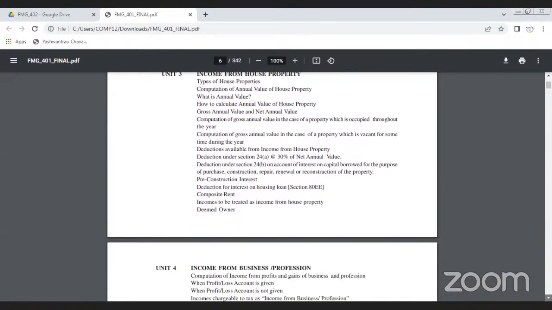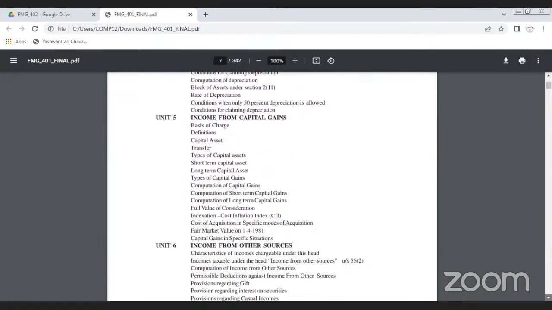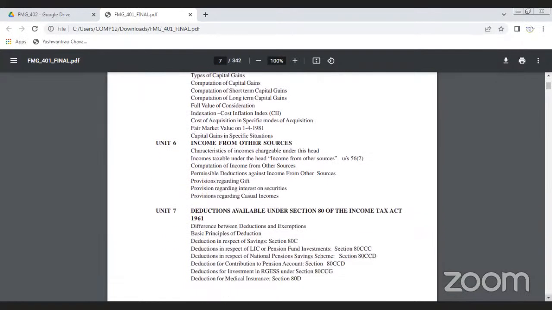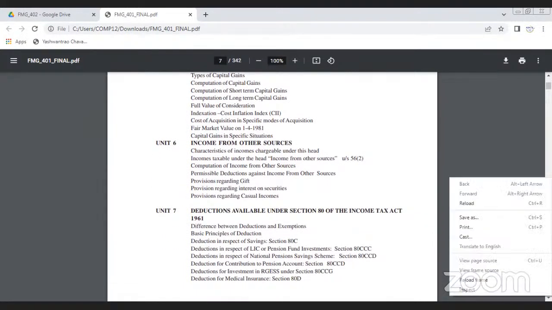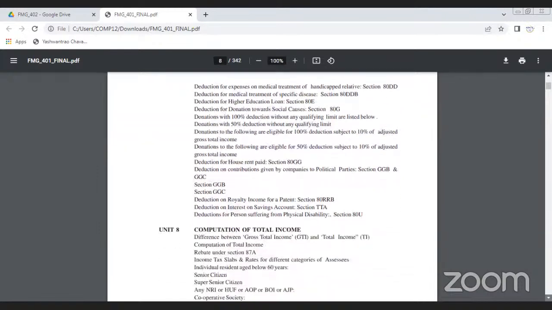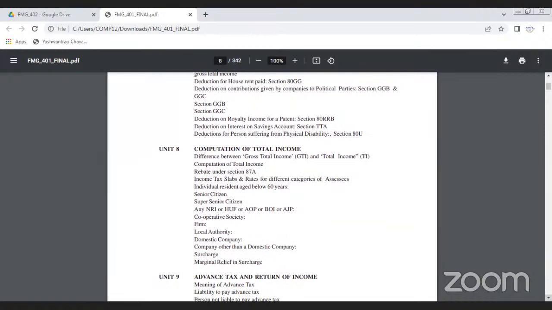Next to that, we focus on business income, capital gain, income from other sources, a variety of deductions under section 80. After that, computation of total income, advance taxation, and return of income. So these concepts are related with unit number 3.